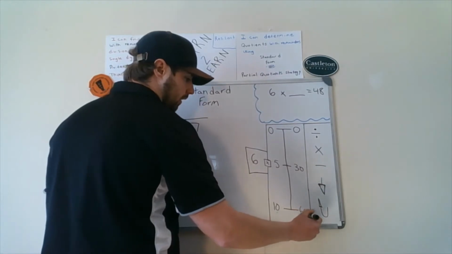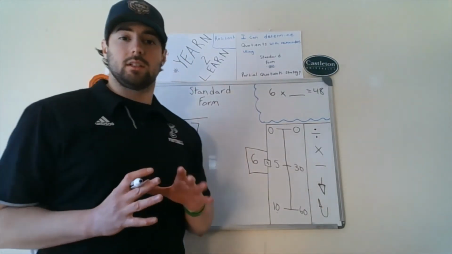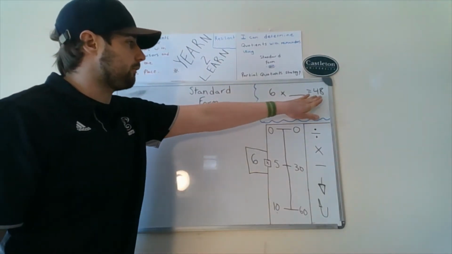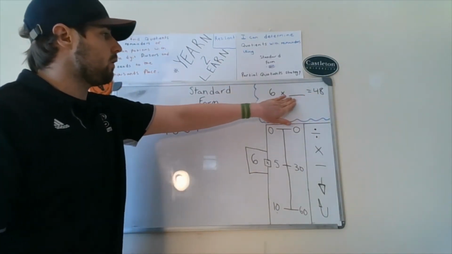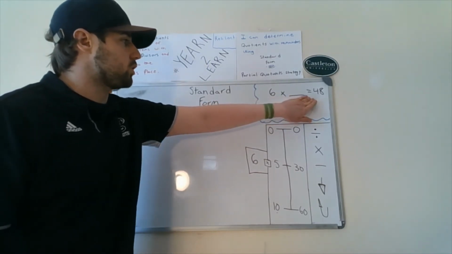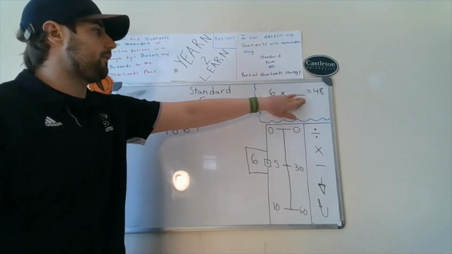I tack on a 0. Now, very important, this is where the tape can really help us out. I'm looking for 48. I don't know what the missing factor is. I don't know what the quotient is. I need to find out.